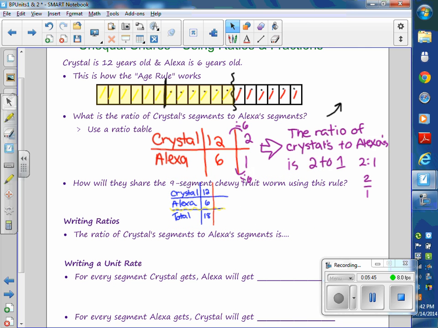But I can use the ratio table and divide 18 by 2 and everything else by 2, and I get 9, 3, and 6. So that's the total number of segments here.